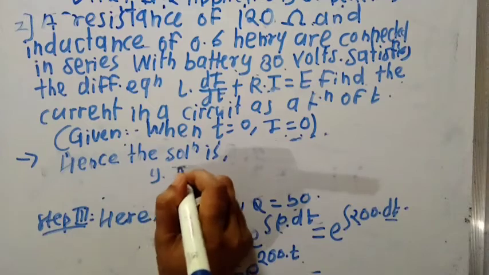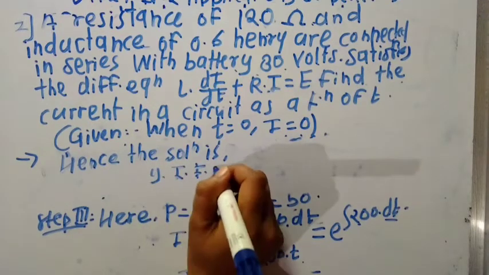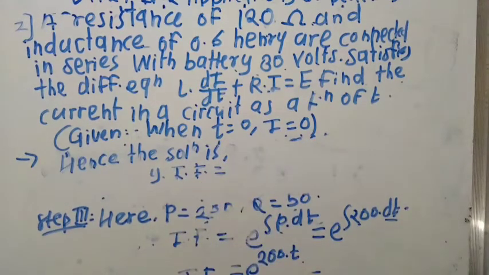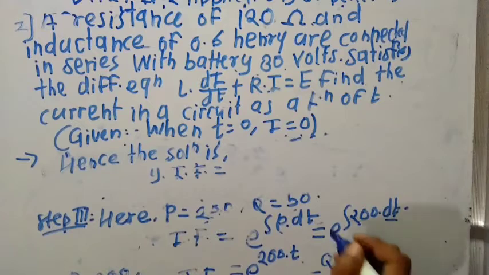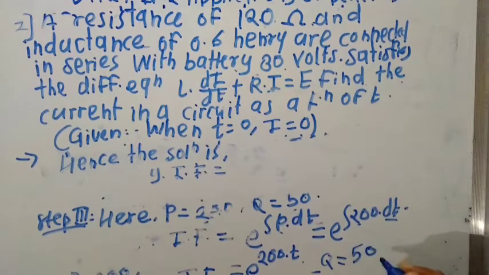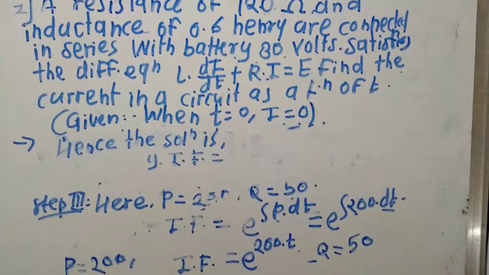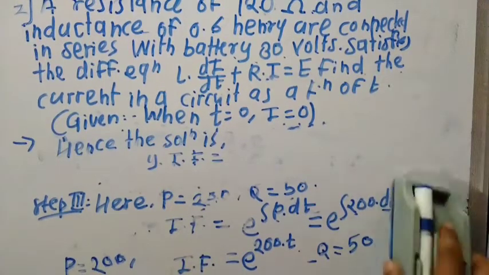The solution formula is y into integrating factor is equal to integration of q into integrating factor dx plus c. Here p is equal to 200 and q is equal to 50.